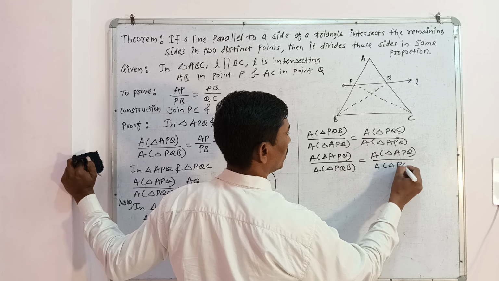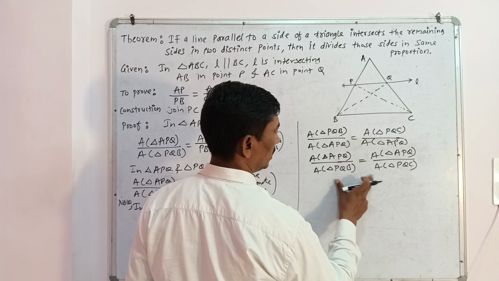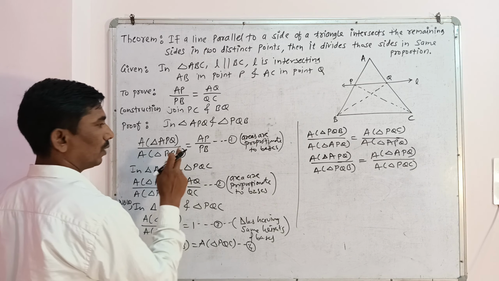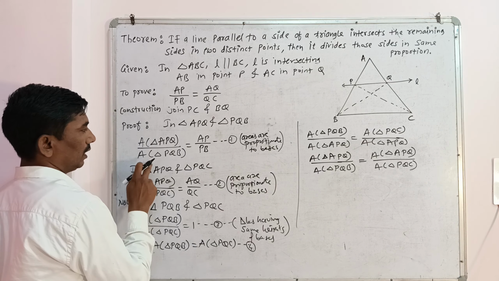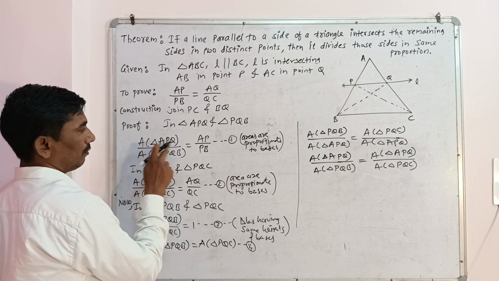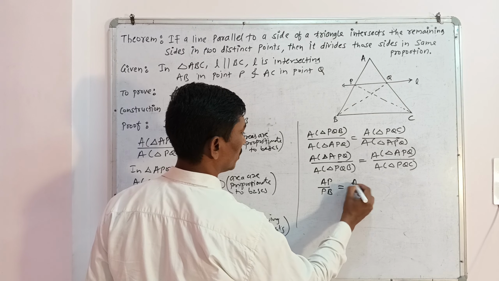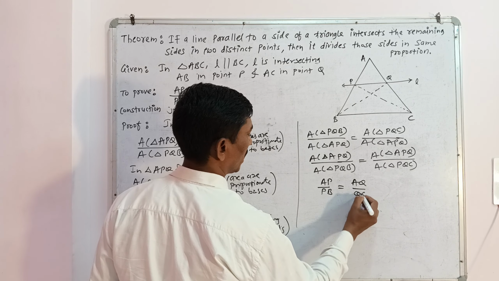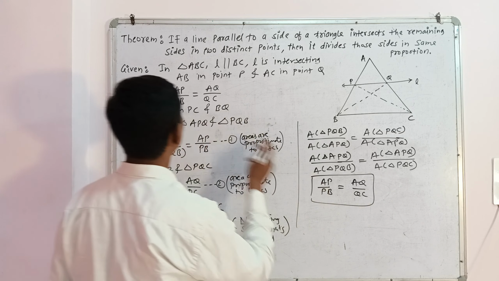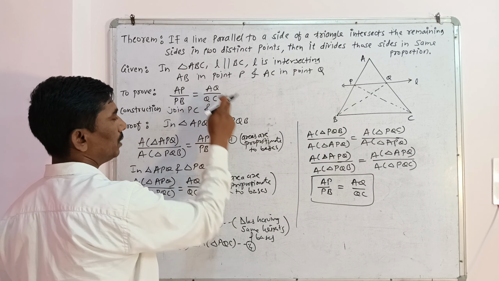So finally we are getting the answer, because we have these already solved in equation number 1 and 2. Area of triangle APQ upon PQB is AP by PB, and area of triangle APQ upon PQC is AQ by QC, and this was being asked to prove. So we got that AP by PB equals AQ by QC, isn't it?